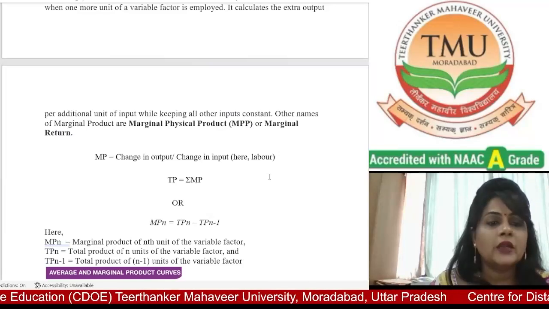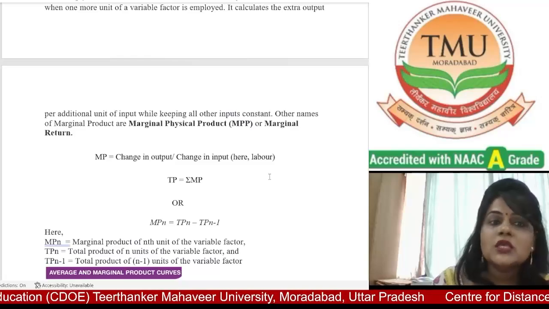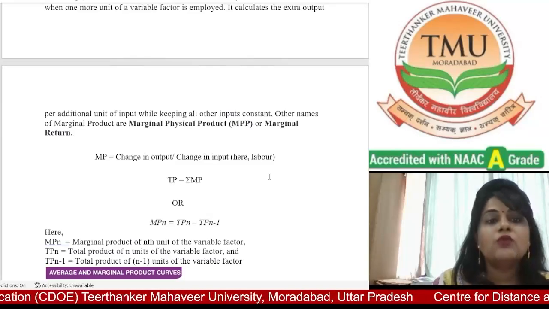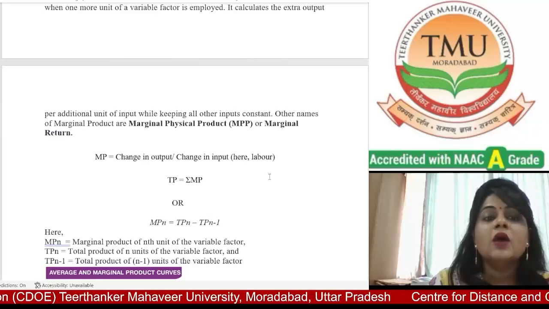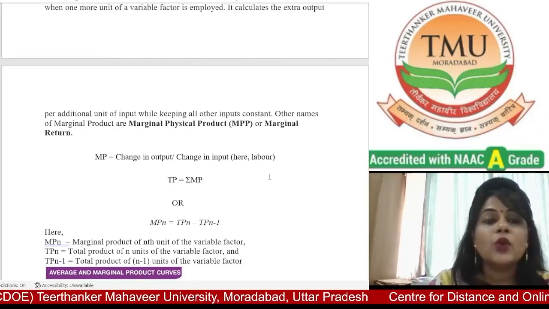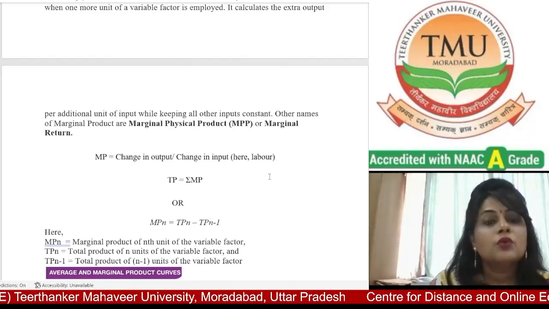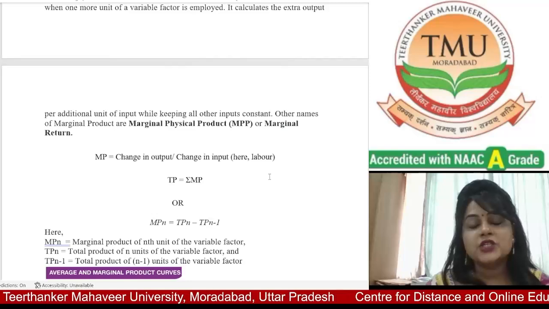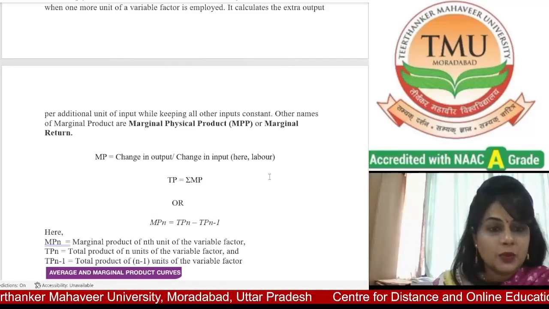Thus, we can say that marginal product is the additional output gained by using an extra unit. So when an extra factor input is used, the additional output we gain is called marginal product.